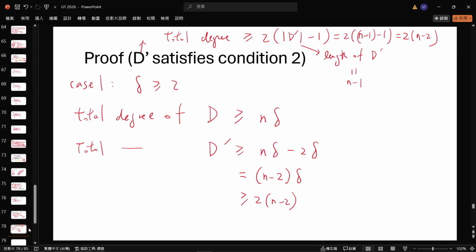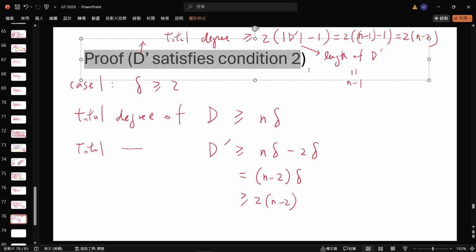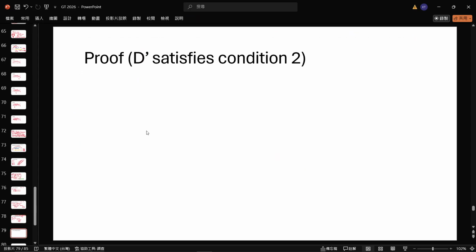Okay. So next, case 2. So this happens when delta is 1. The smallest degree is 1. Okay.